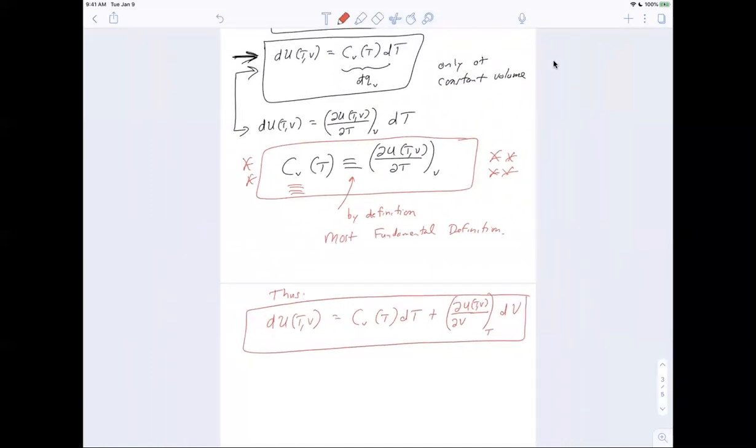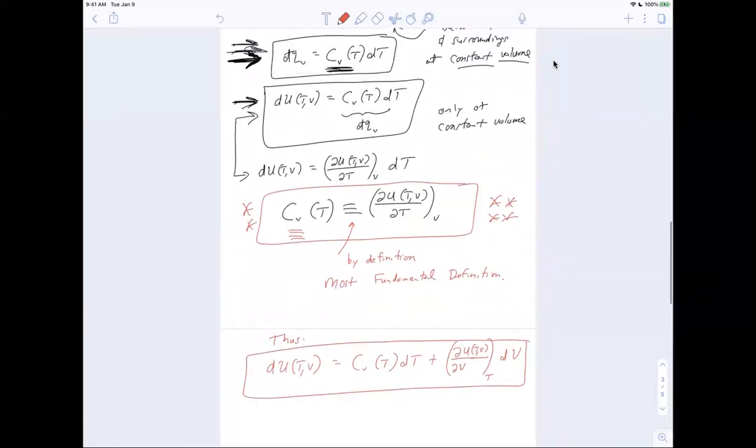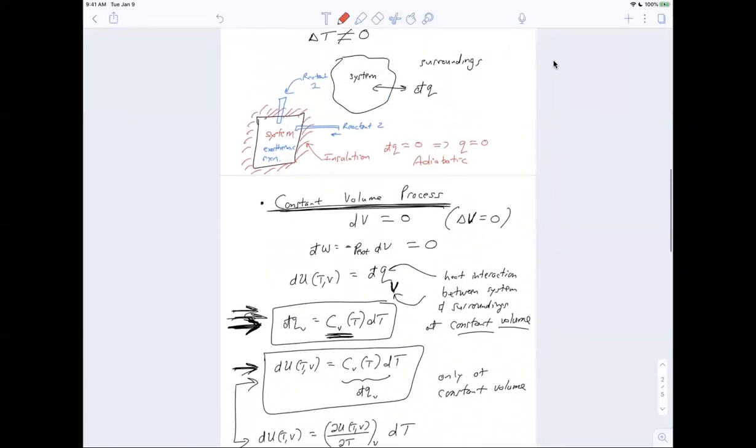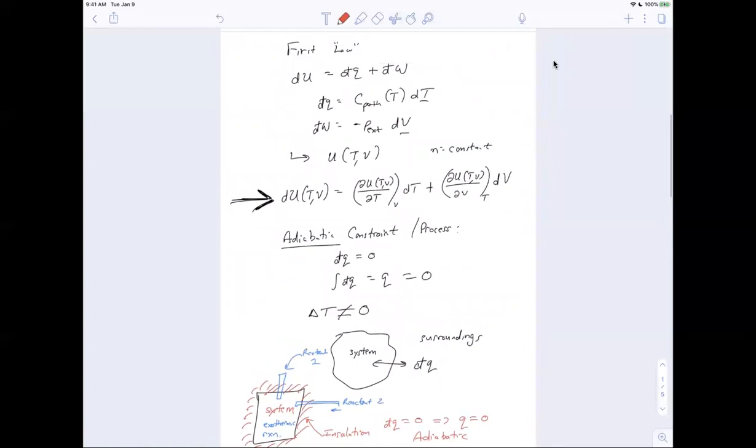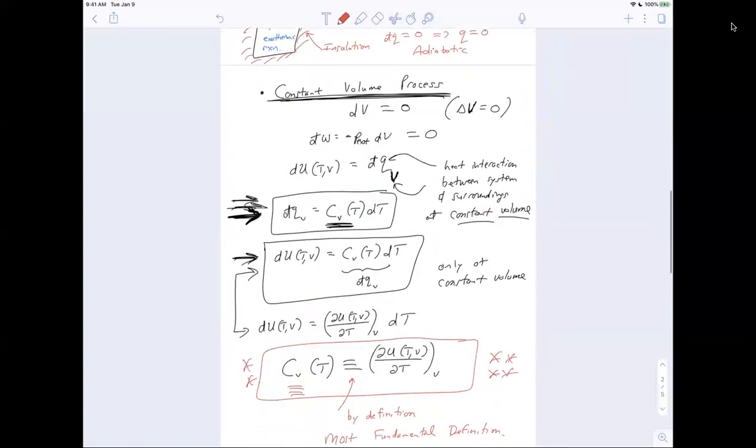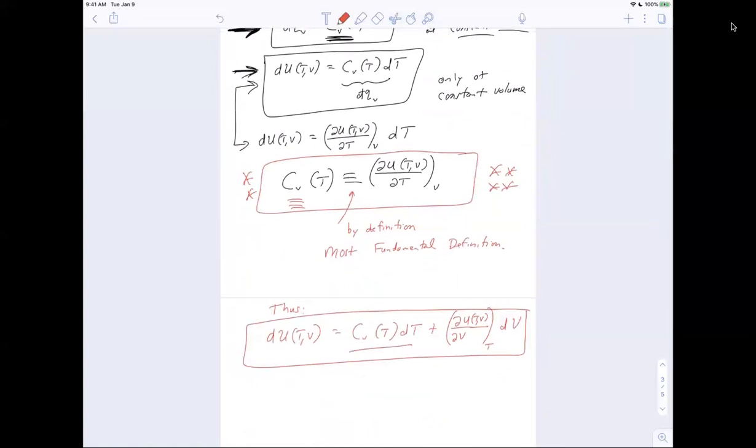Because we know that the partial derivative of U with respect to T at constant V is CV. Hence, we can write that as CV of T dT right here, and we have this other derivative still left. Does that make sense? Is there any issue with that or discussion?